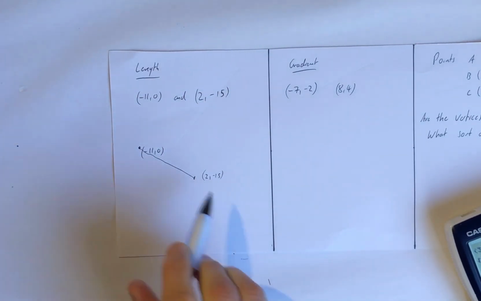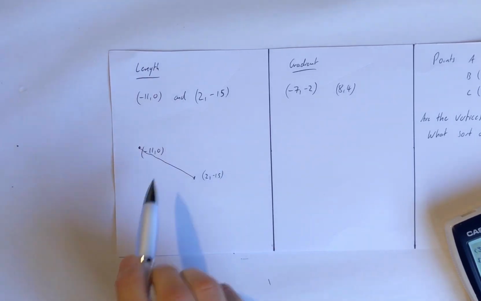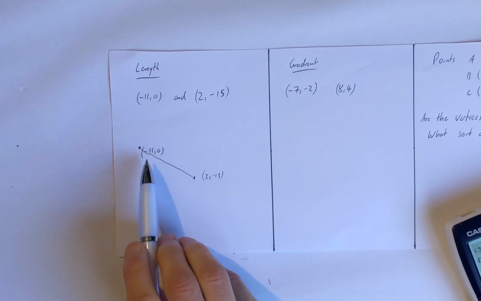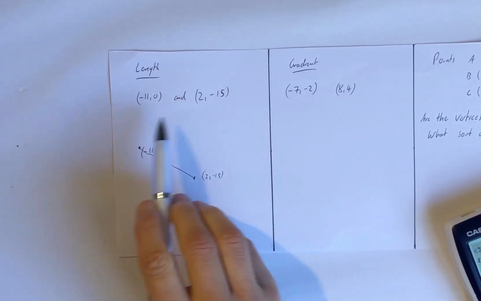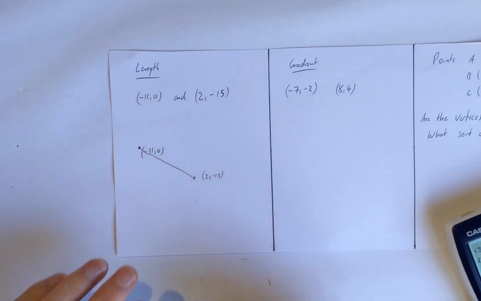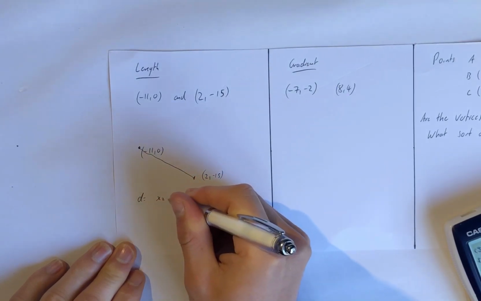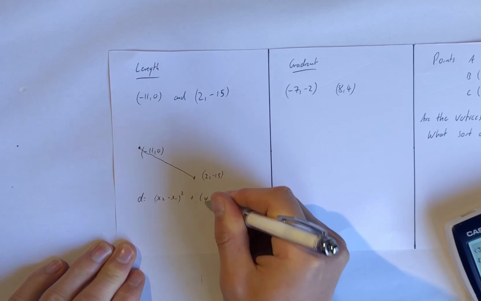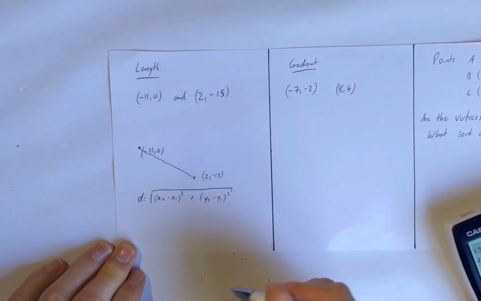It's not important to draw the line so much for length in terms of going up and down, but if you're also asked to find a gradient, you would want to have an intuitive understanding of whether it was a positive line or a negative line. So I just do a quick sketch off in the margins of my book or on a scrap bit of paper, and now I'm going to use the distance formula, x2 minus x1 all squared plus y2 minus y1 all squared, and that's all square rooted.